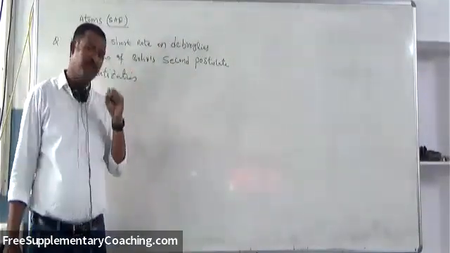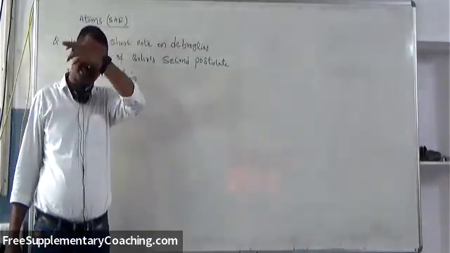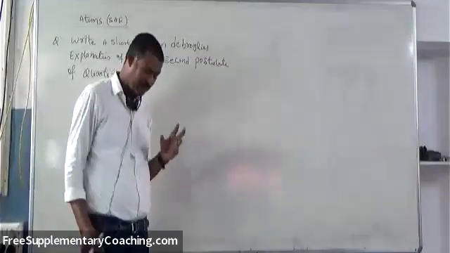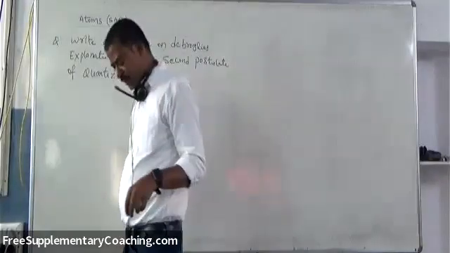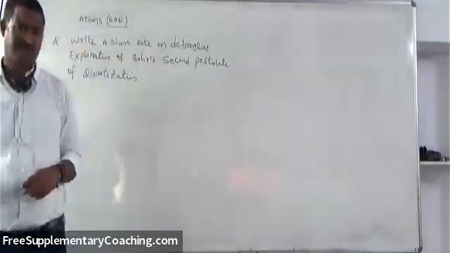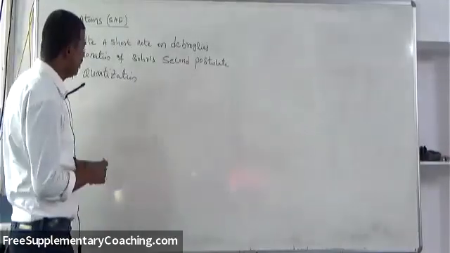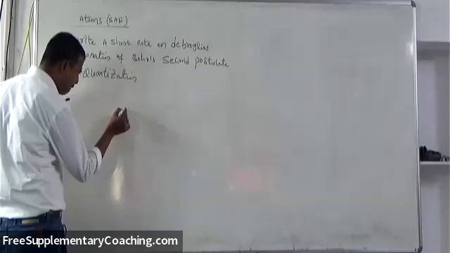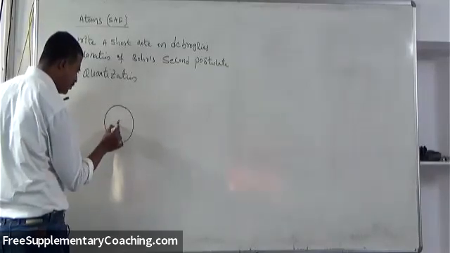From this de Broglie wavelength, he explains the second postulate, that is, the quantization of angular momentum. How did he explain it? An electron is revolving around the nucleus.